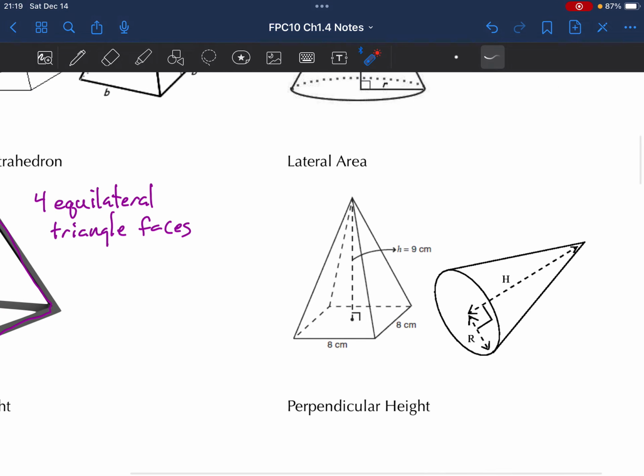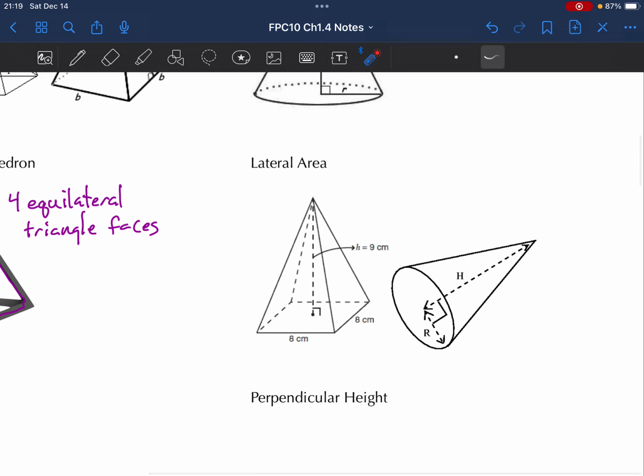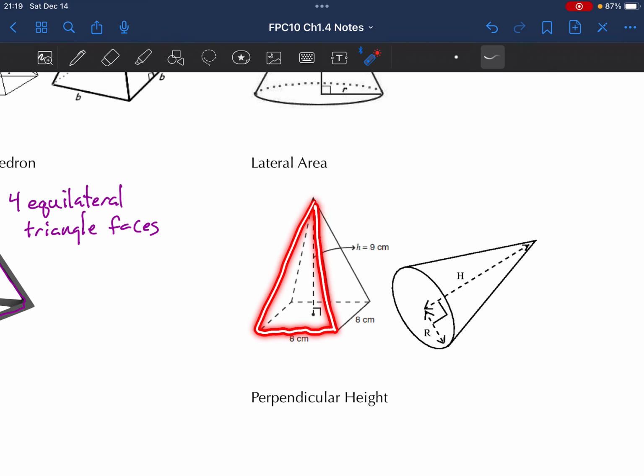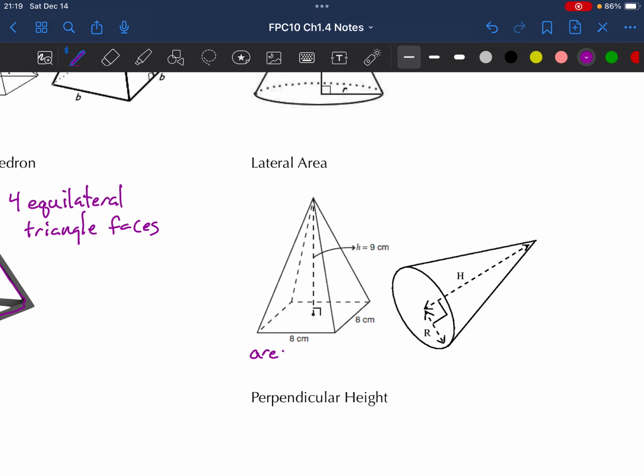Now we need to identify something called the lateral area. The lateral area in a pyramid is going to be the area of the triangles. So there's 4 triangles on this, just the area of the triangles up here. So in this one, it's just the area of the triangles.